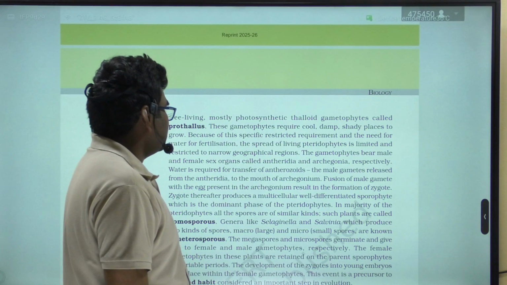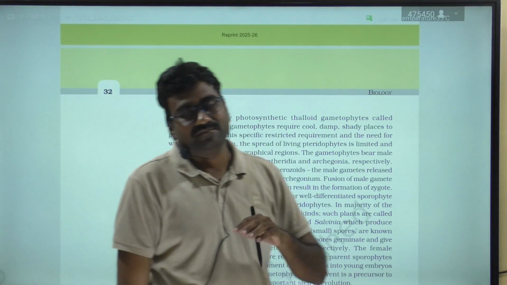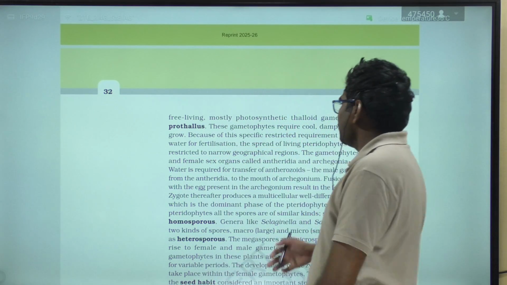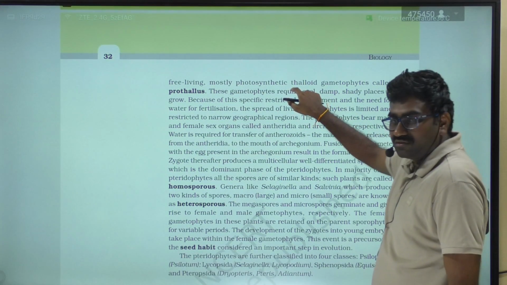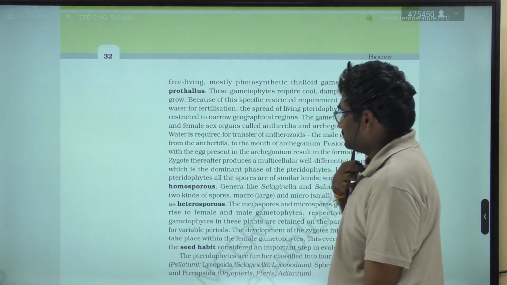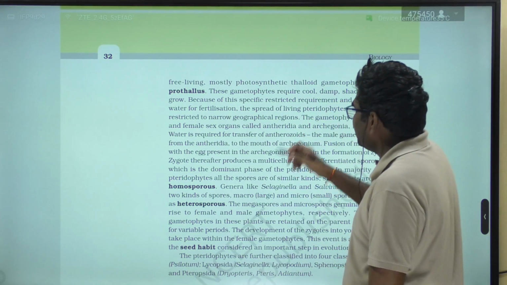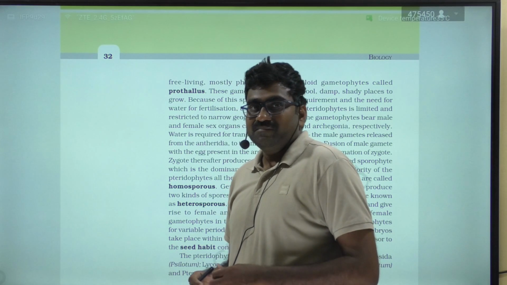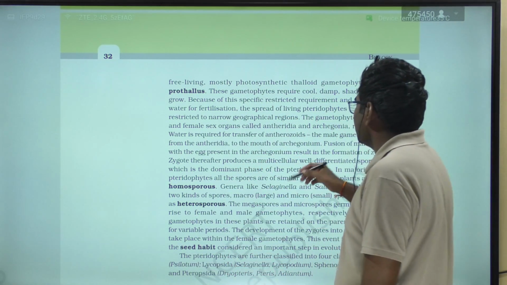That gametophyte bears male and female sex organs. They require water for the fertilization process, and they live in cool, damp, shady places. For that reason, they are restricted to narrow geographical regions.